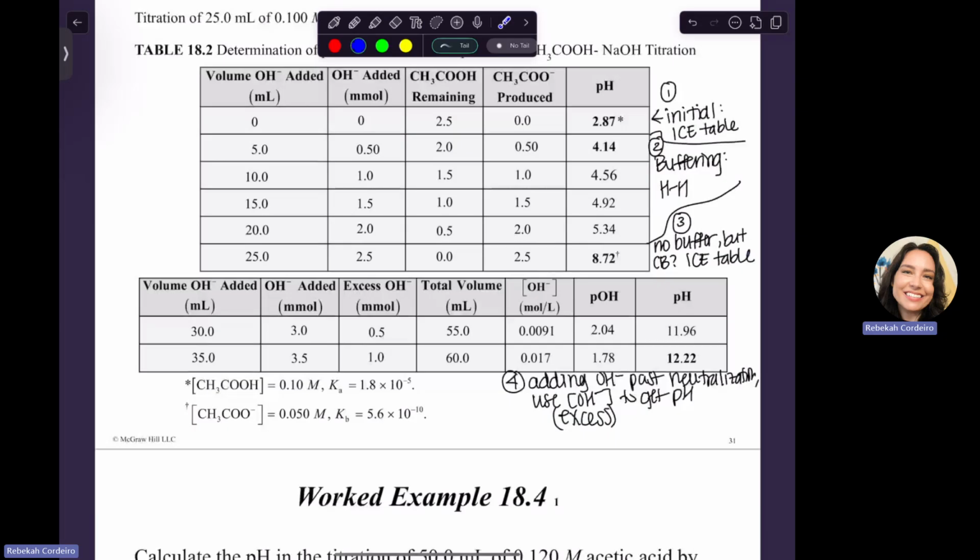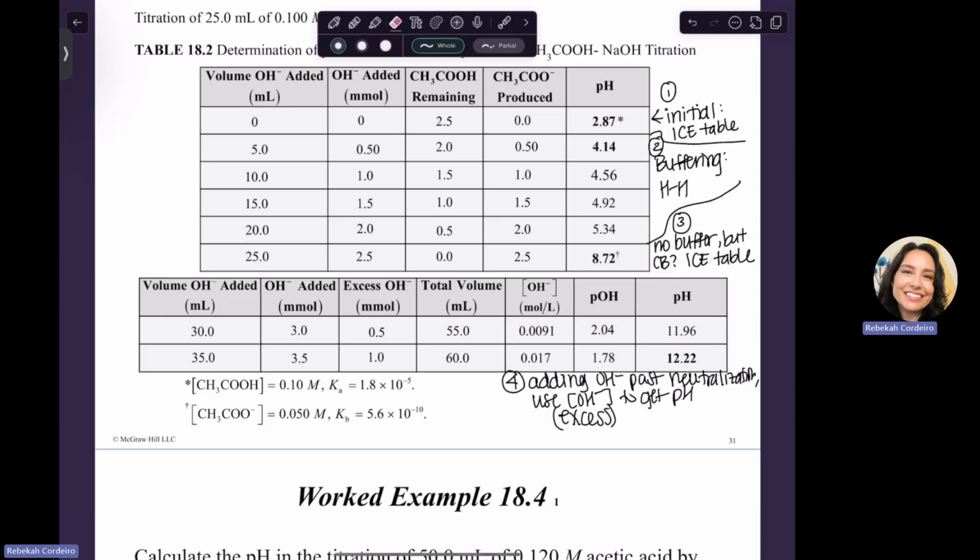So there's 4 different kinds of steps if you need to figure out where you are, and then how do you find the pH? Initial table, initial pH, ICE table. No buffer. No, you don't have a buffer, only conjugate base left at your neutralization point.